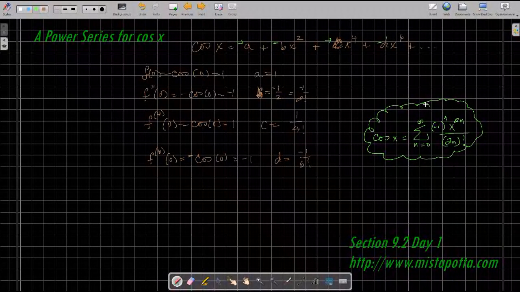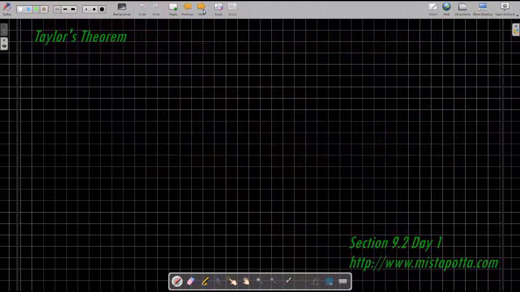Now, these power series have a name, and they're named after the mathematician that discovered them, who was Taylor.